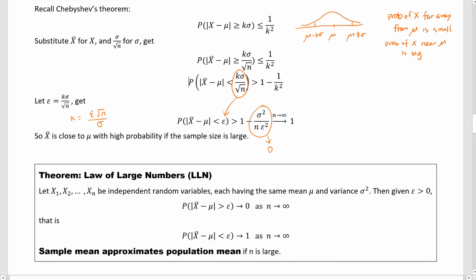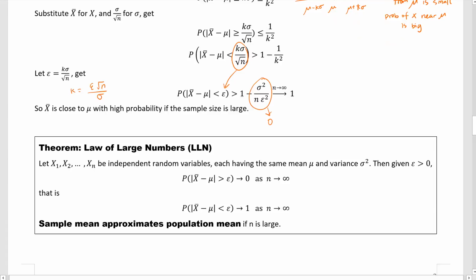All right, so let's continue. The theorem tells us: let x1, x2, up to x sub n be independent random variables, each having the same mean and variance sigma squared. Then given any epsilon greater than 0, the probability of the sample mean being far away from the population mean goes to 0.